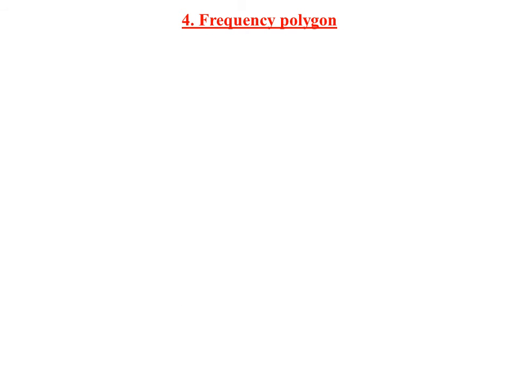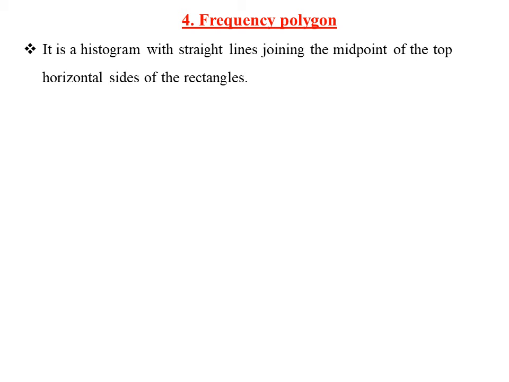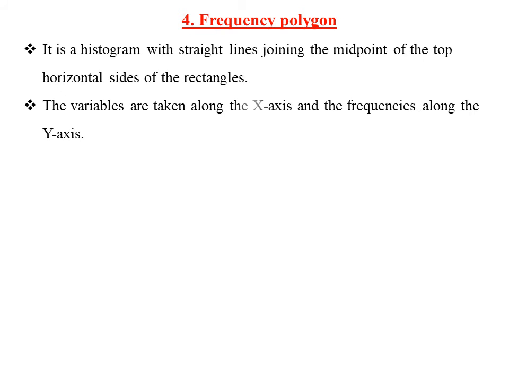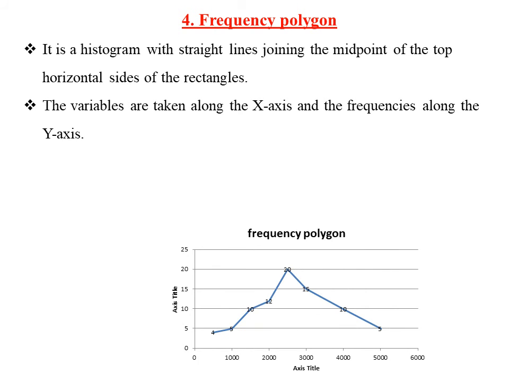This one is the frequency polygon. It is also like a histogram, with straight lines joining the midpoints of the top horizontal sides of the rectangles. The variables are taken along the x-axis and the frequencies are along the y-axis.